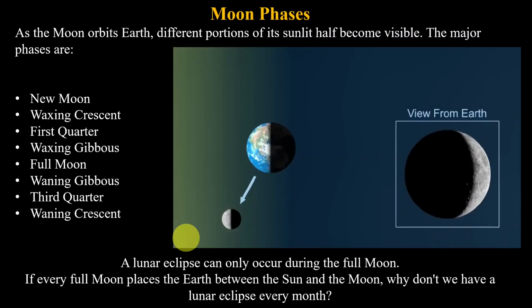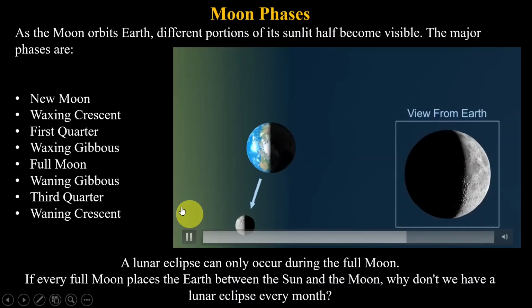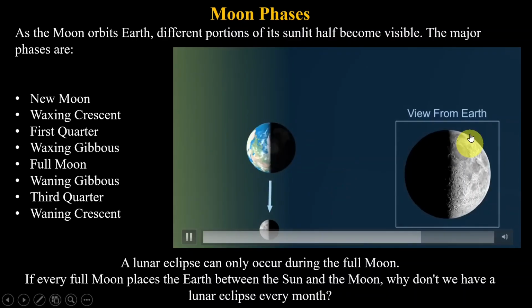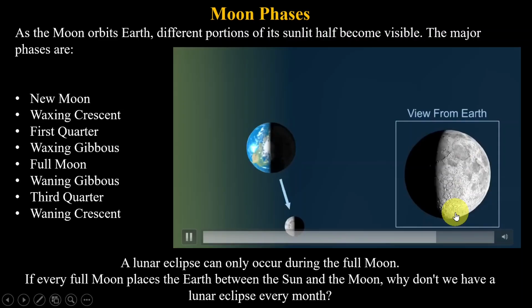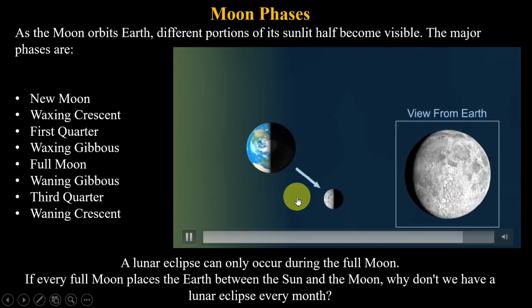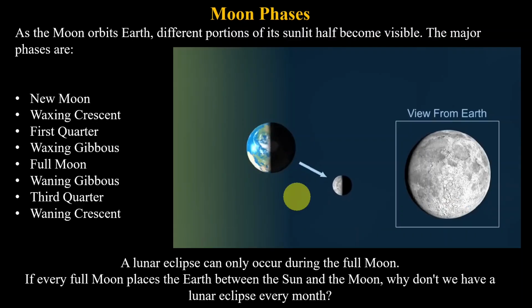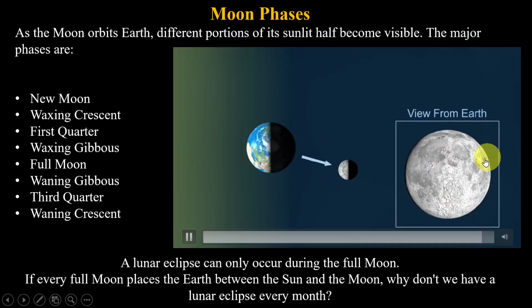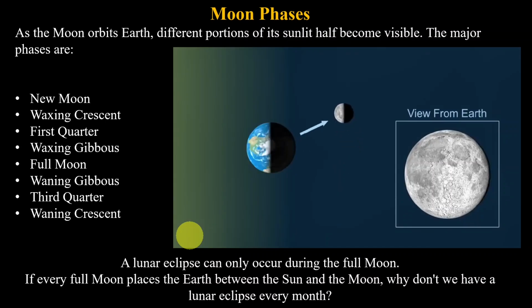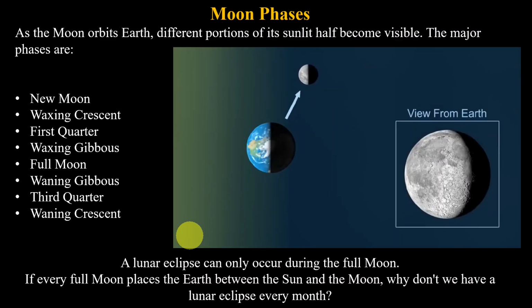From there we enter into the first quarter, and from there the waxing gibbous, and we now enter the full moon. That is what we see as the full moon. Then it continues to waning gibbous, then to the third quarter.